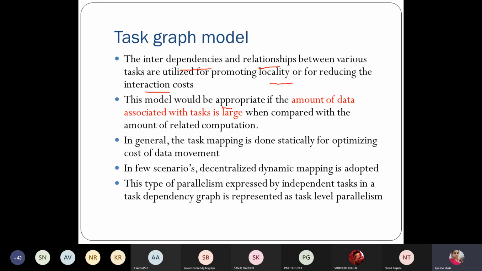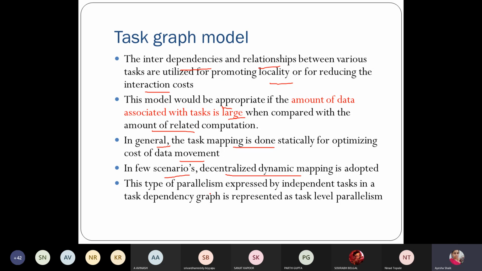This model is appropriate if the amount of data associated with the task is large when compared with the amount of related computations. In general, the task mapping is done statically for optimizing the cost of data movement. In a few scenarios, decentralized dynamic mapping is also done.